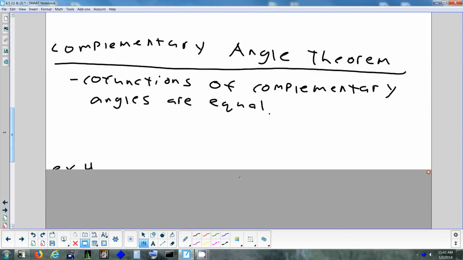So, let's look at something numeric. What's the co-function that goes with sine? The one we put a box around. Cosine. And what's the complement of 20? 70.